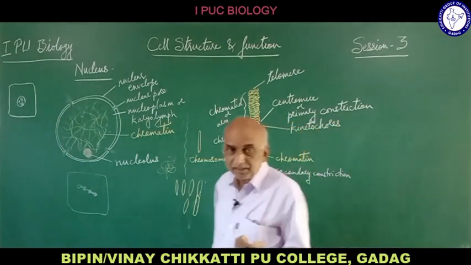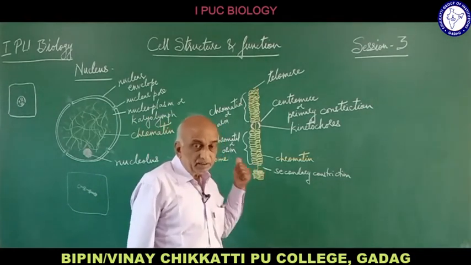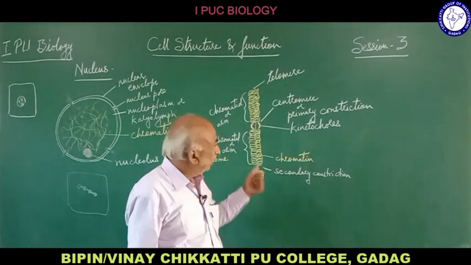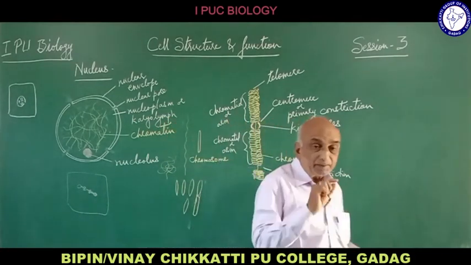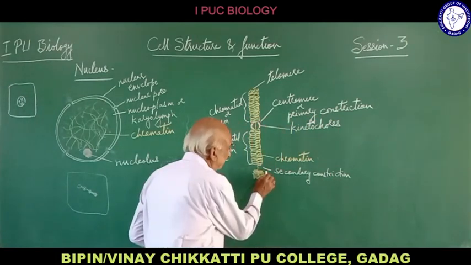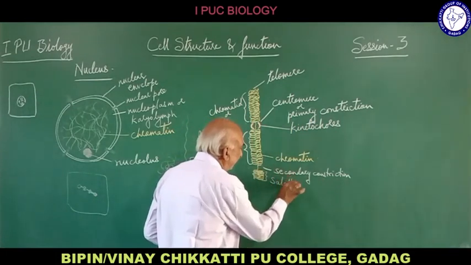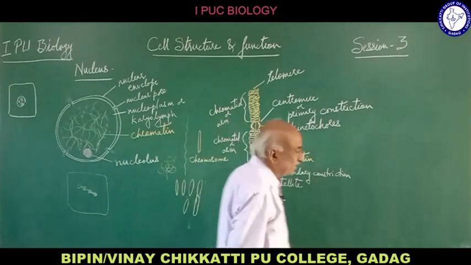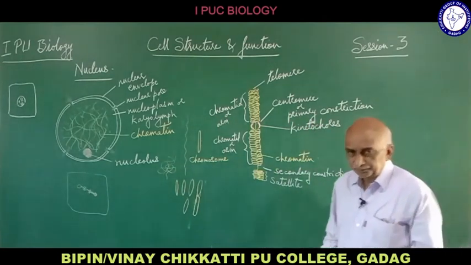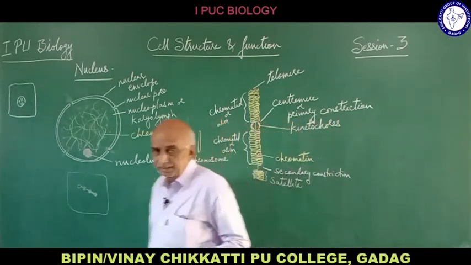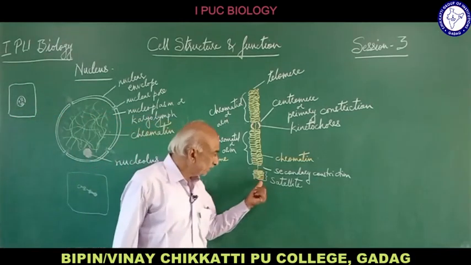But the secondary constriction does not have kinetochores. It appears similar to the primary constriction, and it is a transparent clear zone along the length of the chromosome. Beyond the secondary constriction, the part of the chromatid which is usually small and very short is called the satellite. So the satellite is the end of the chromatid beyond the secondary constriction.